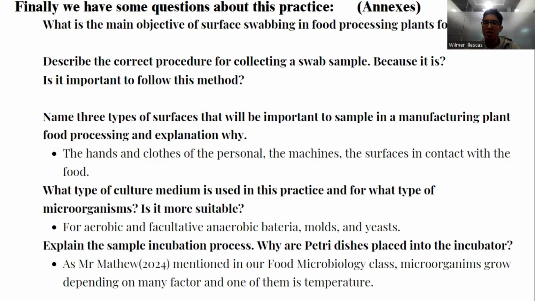And finally, the surfaces that are in touch with the food. For instance, if you have bottles or, I don't know, pieces of cartons, and those pieces of cartons are important for the food processing part, you have to analyze them too. Because imagine that you prepare an innocuous product, I don't know, a jelly. We call it the most delicious jelly ever.